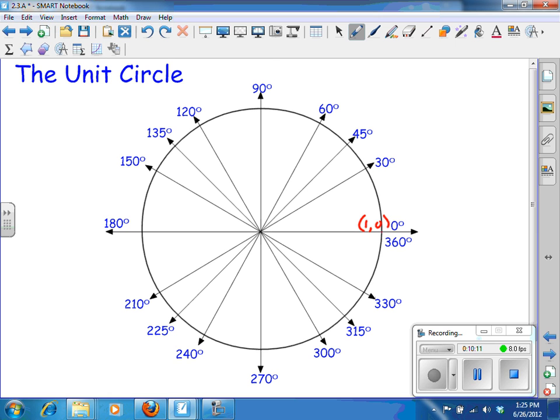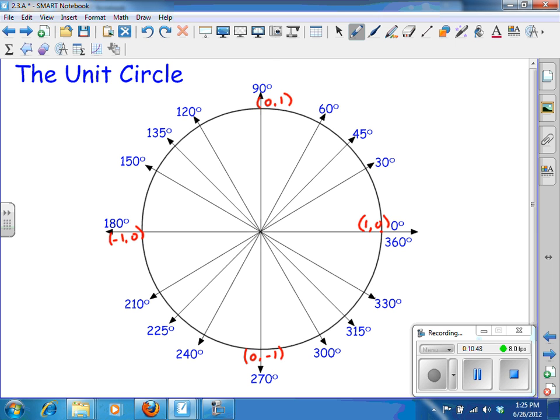So the coordinates of that point right there would be 1 comma 0, and the coordinates of this point would be 0 comma 1, and this would be negative 1 comma 0, and 0, negative 1. So these points I know. Now remember what we just said: for any angle where the r value is 1, the coordinates of that point on the terminal ray, 1 unit away, are the cosine and sine.